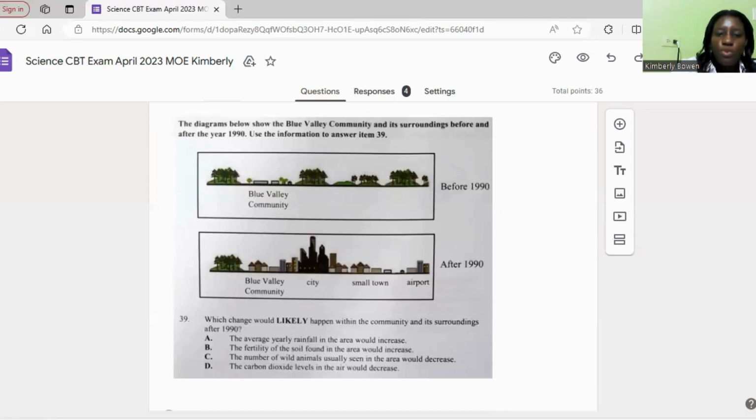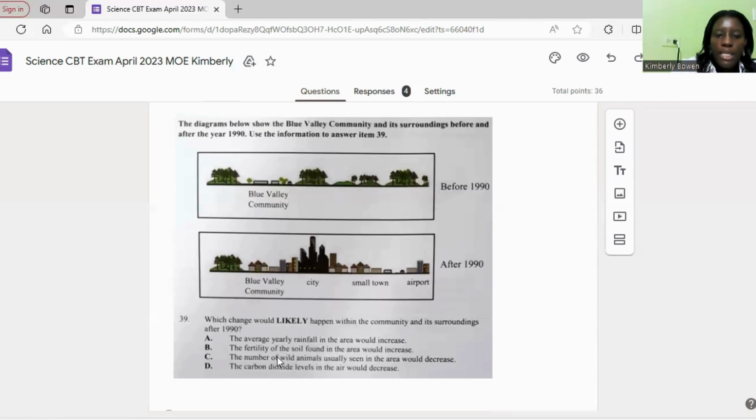Which change would likely happen within the community and its surroundings after 1990? The average yearly rainfall in the community would increase. The fertility of the soil found in the area would increase. The number of wild animals usually seen in the air would decrease. The carbon dioxide level in the air would decrease.